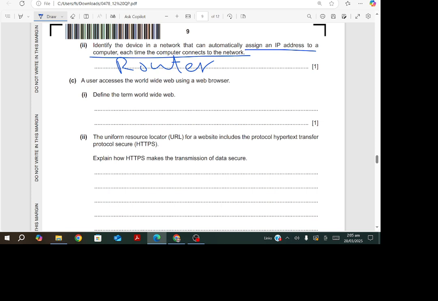Okay. A user accesses the World Wide Web using a web browser. Define the term World Wide Web. Yes, www is World Wide Web. Now what is the description for this?